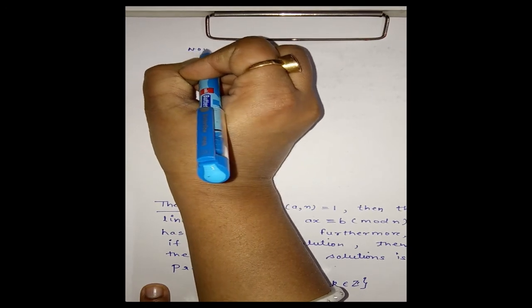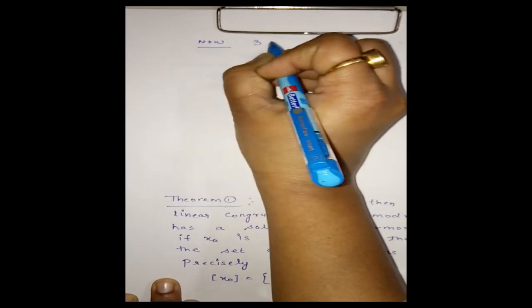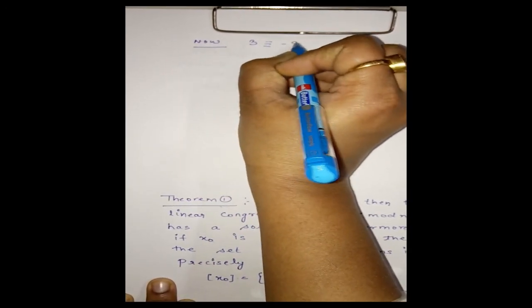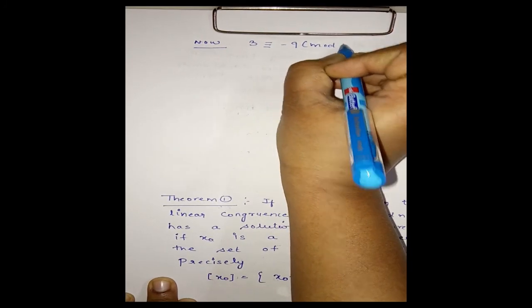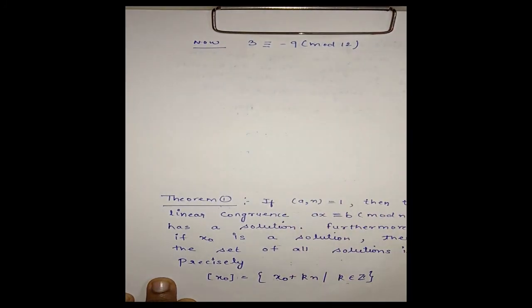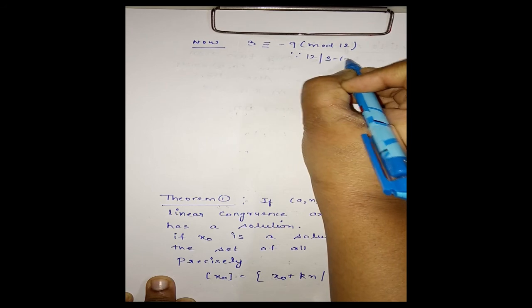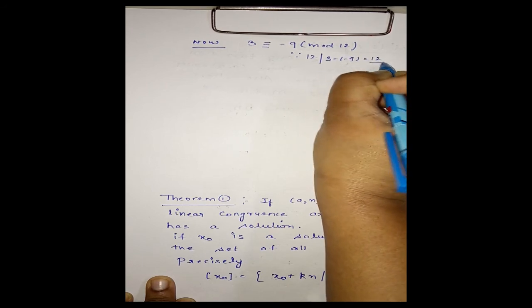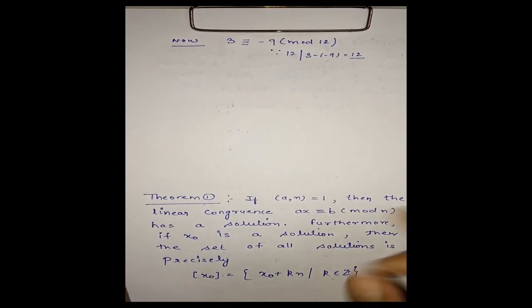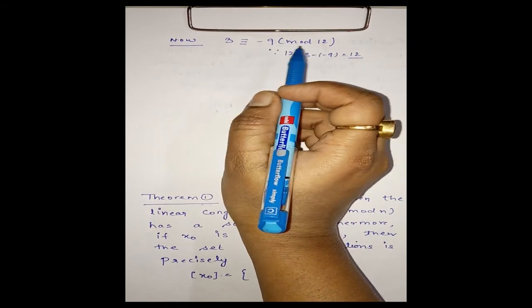Now 3 and minus 9 satisfy this congruence. 3 is congruent to minus 9 modulo 12, since 12 divides 3 minus minus 9, that is 12. Clear? That means 3 and minus 9 are congruent modulo 12.